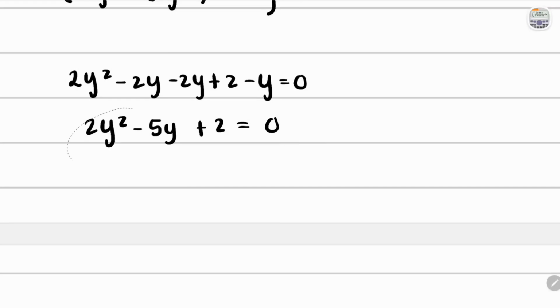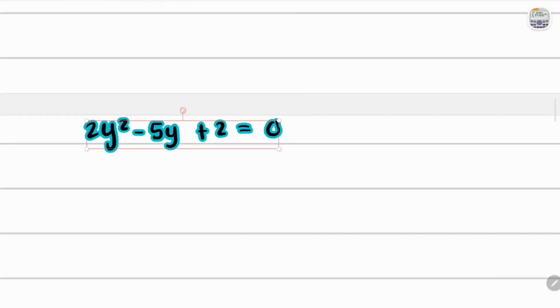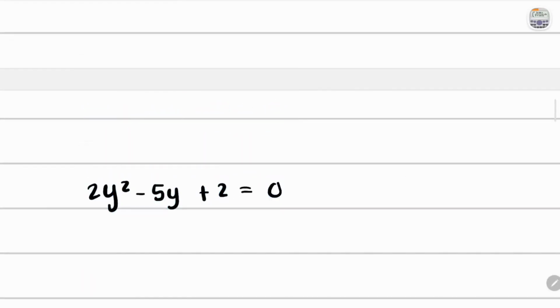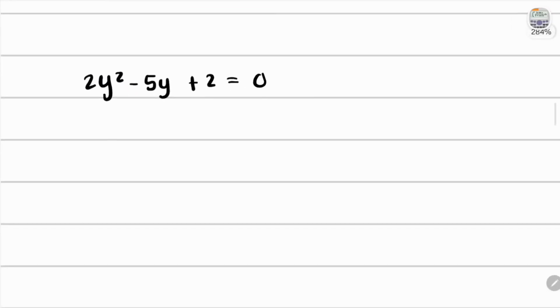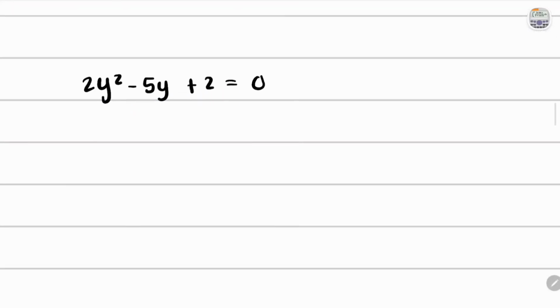Okay, so we have a trinomial here, but it's not the usual trinomial. It's the one where we have a coefficient in front of y squared or x squared that is clearly not a common factor throughout. So you can use the method you're comfortable with, but here I'll just go ahead and use a method called the cross method. With this method, we get the factors of 2y squared.